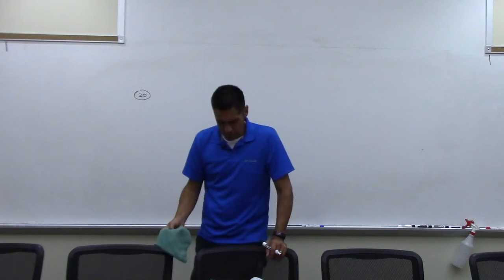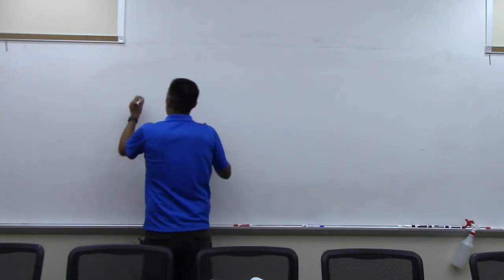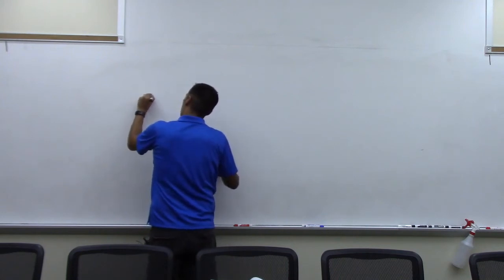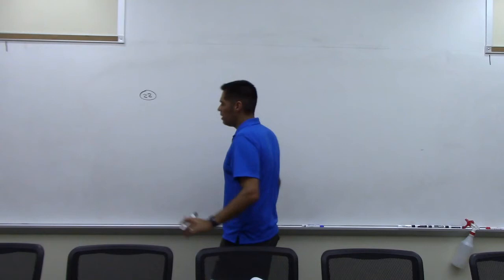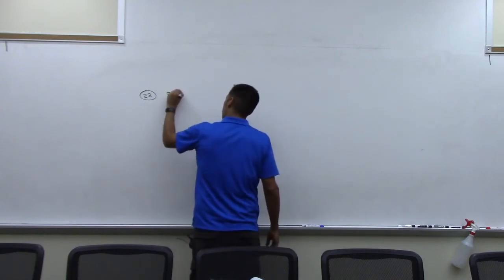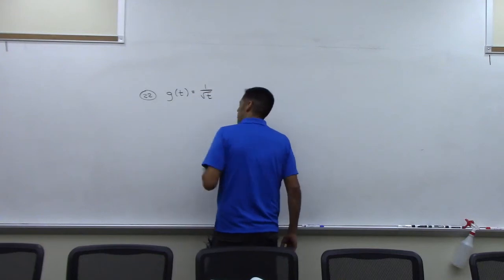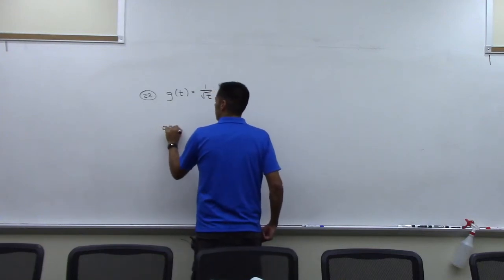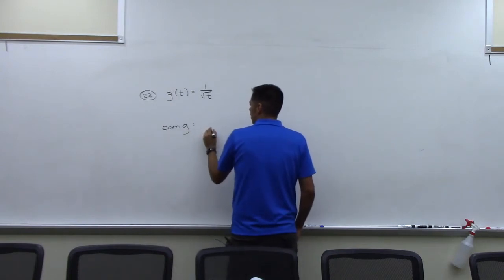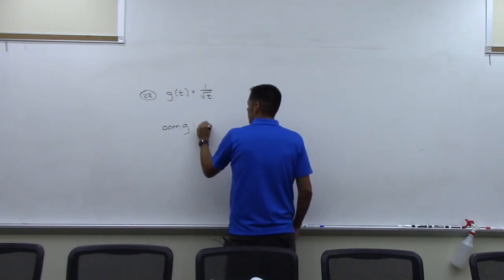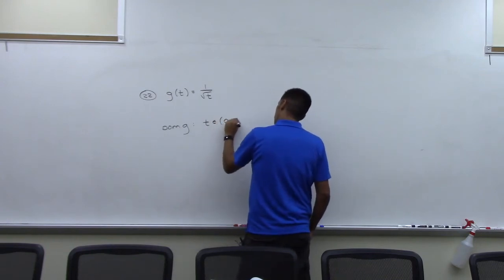Let me get to the more interesting stuff like 22. G of t equals 1 over root t. First, let me talk about the domain. The domain of G is that t must be an element of the interval 0, infinity.